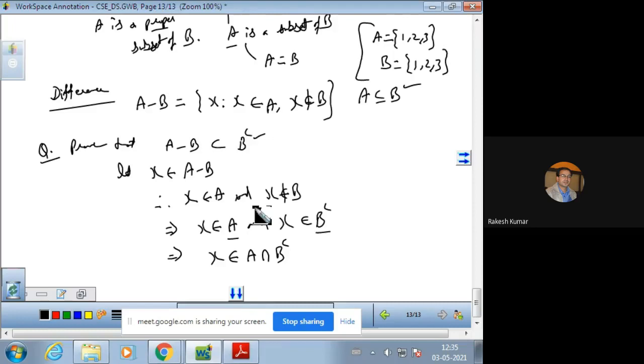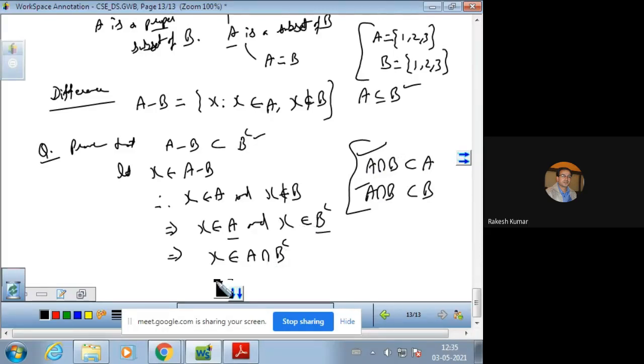Okay. So we know that A intersection B is a subset of A. This is already studied. So A intersection B is also a subset of B. By using this phenomenon, discussed in the previous lecture, the intersection of two sets is a subset of any of the sets.